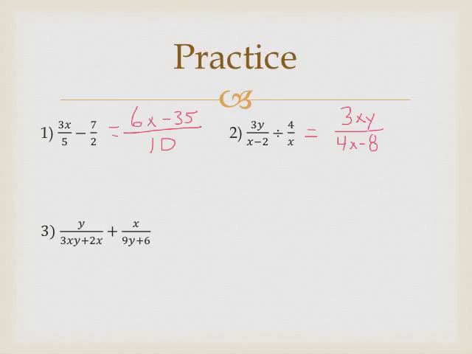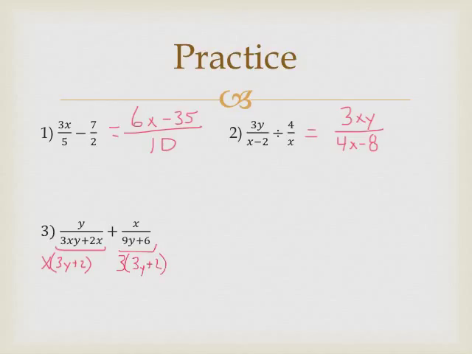So if you had a hard time with this, if you want to try again, pause after this, I will give you a hint, which is that the way that this denominator will factor is just x times 3y plus 2. And this denominator will factor as 3 times 3y plus 2.